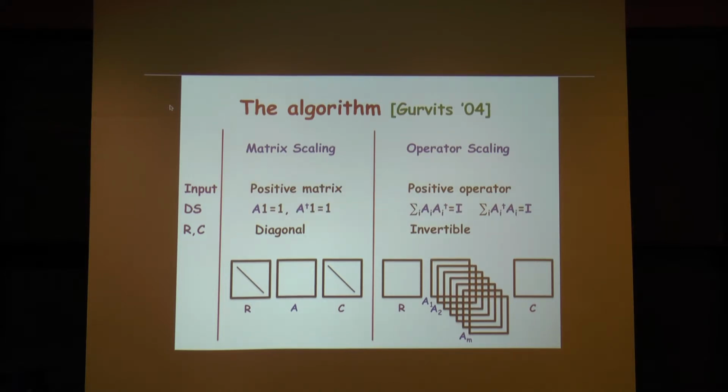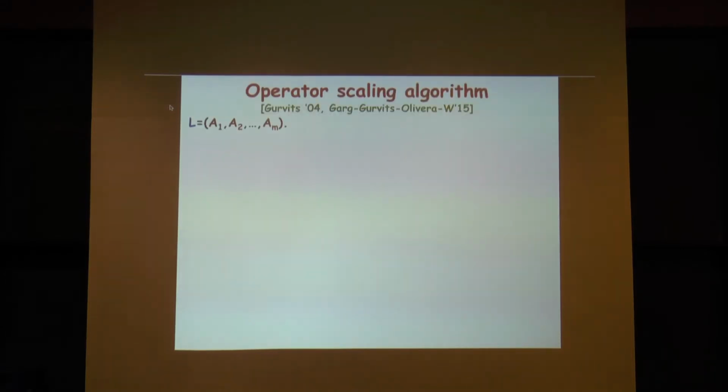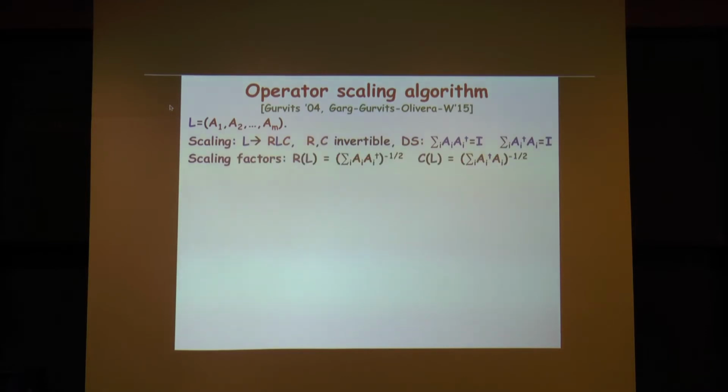Okay, so let's do it. How do we do it? I'll copy what we had before. The input is a tuple of matrices. We want to scale them to what it means to be doubly stochastic. Scaling factors, like before: if it's not stochastic, you multiply it by something to make it stochastic.